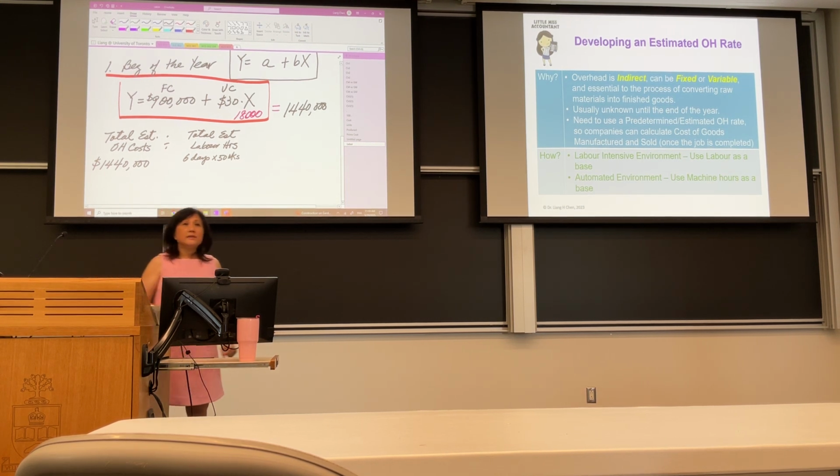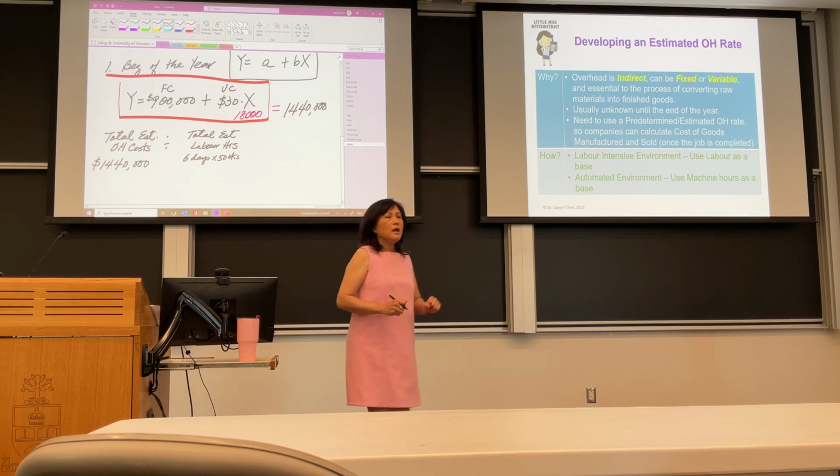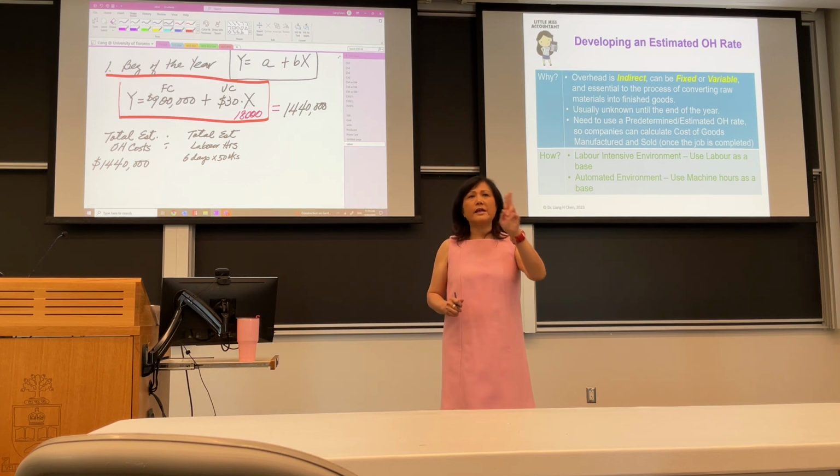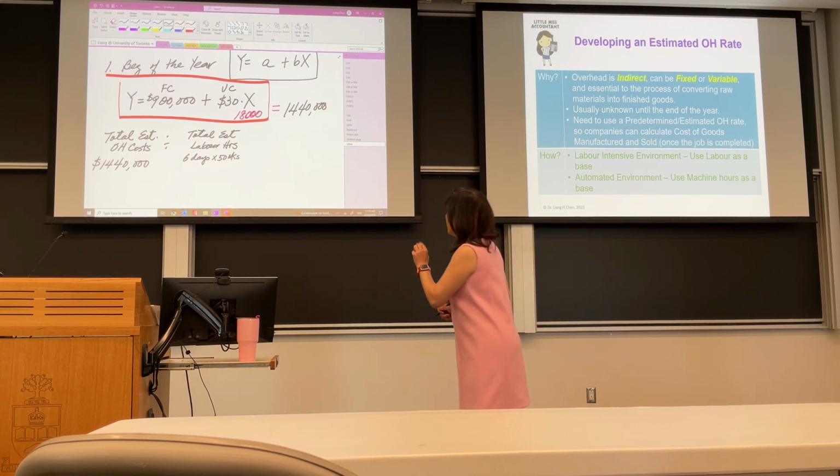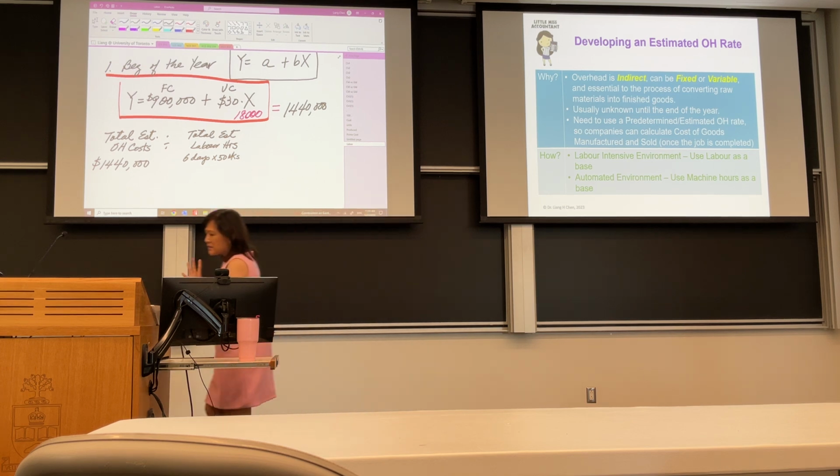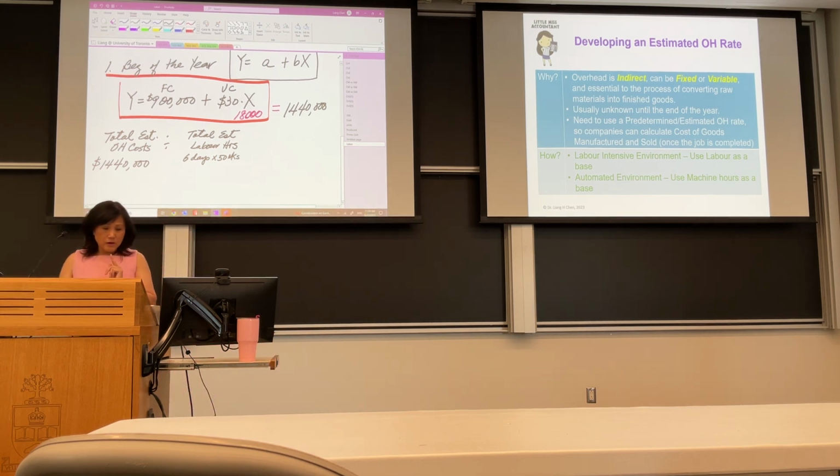50 weeks. In Canada, we have to give 2 weeks vacation. So that's how many days a year people work. Each day they work 8 hours. So altogether, 2,400 hours a year, one person.